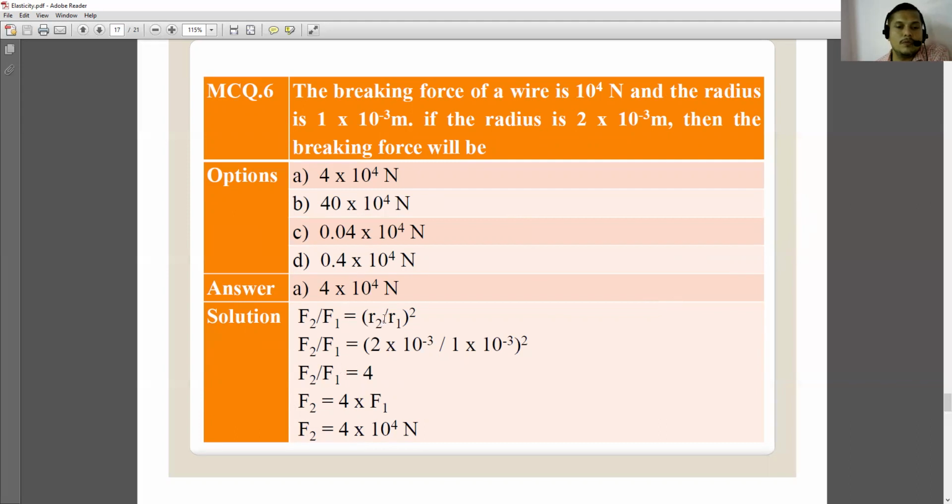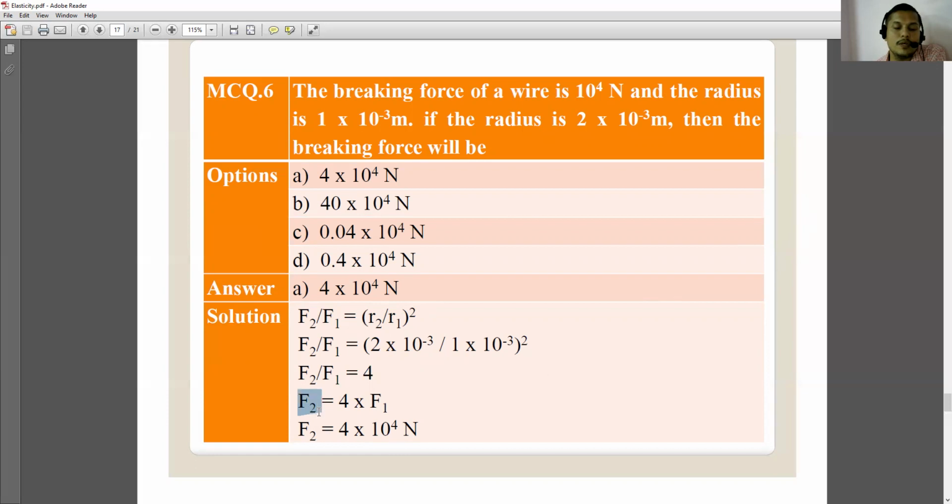So here we are comparing this equation, that is F2 upon F1 is nothing but R2 upon R1 its square. We are putting the values and we can get the value as 4, which is the ratio F2 upon F1.